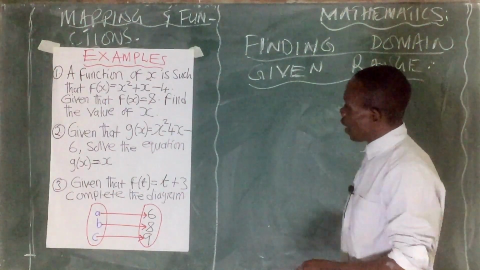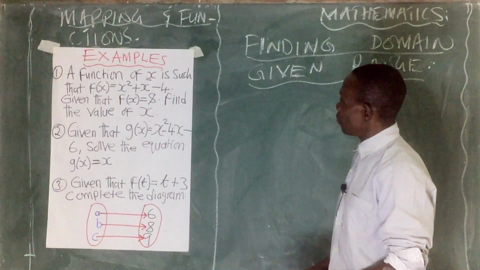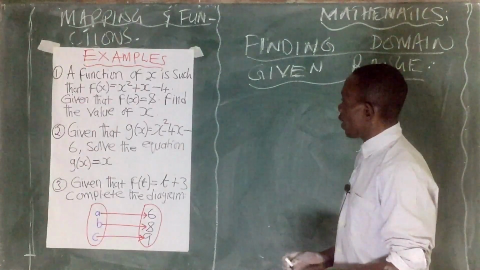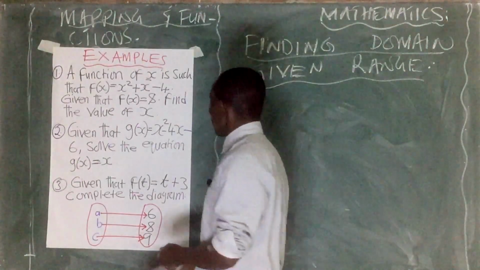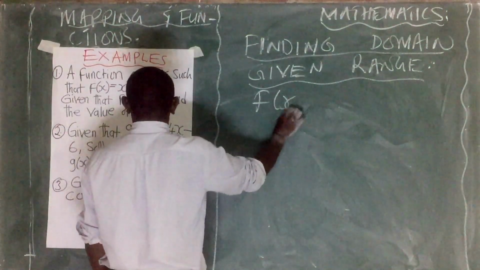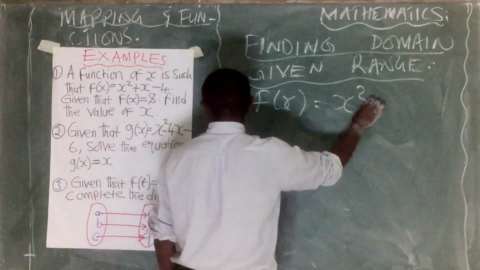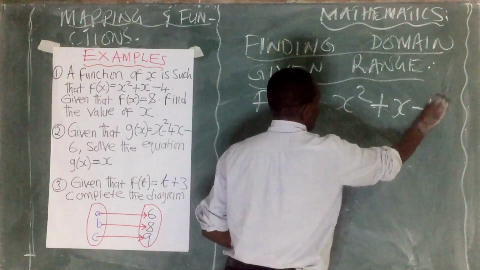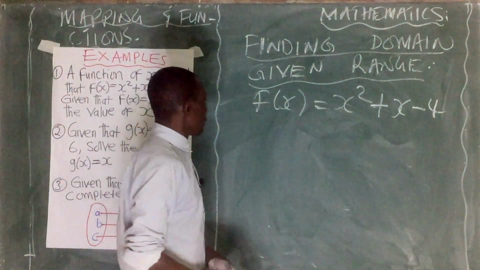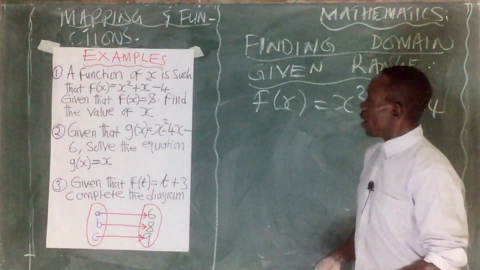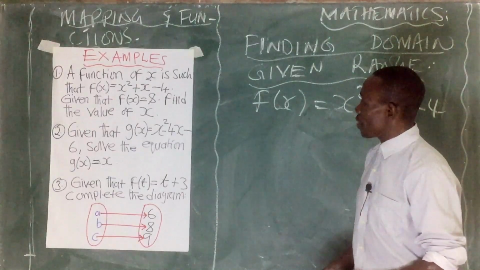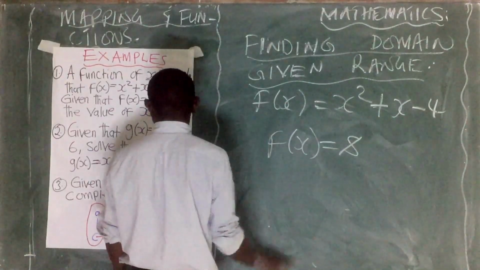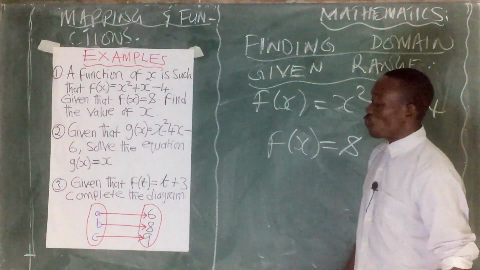Here we are given a function of x such that f of x is equal to x squared plus x minus 4. We are given that f of x is 8, and they're asking us to find the value of x.